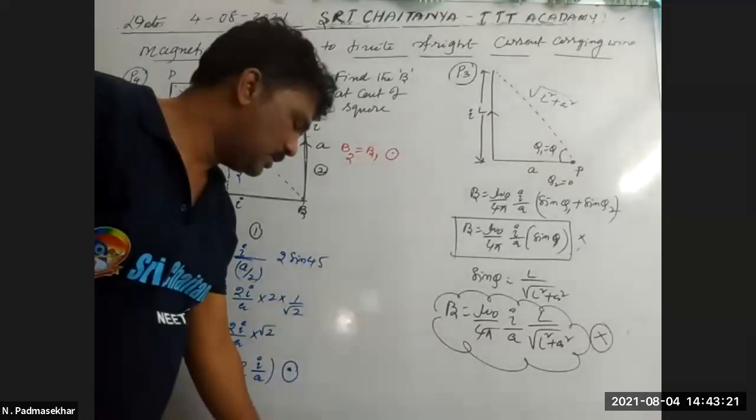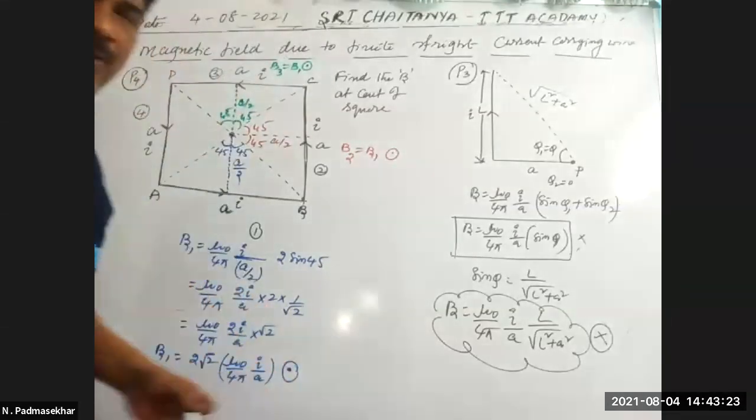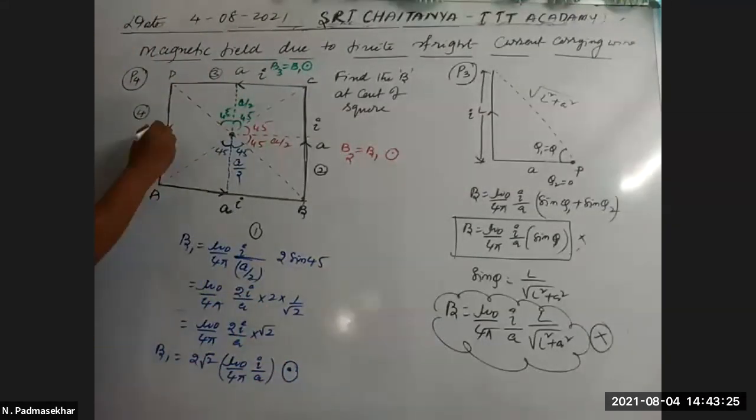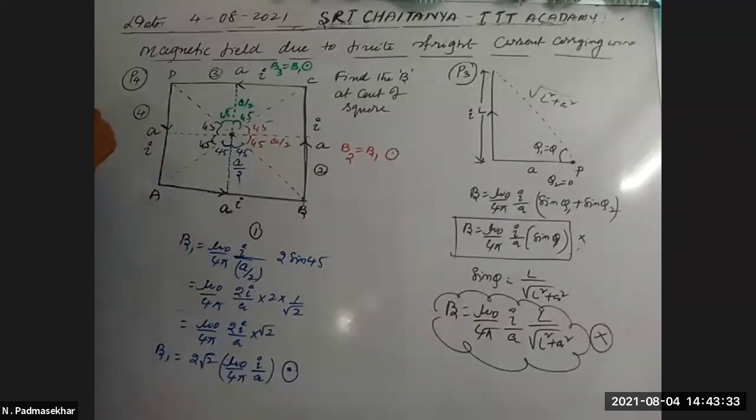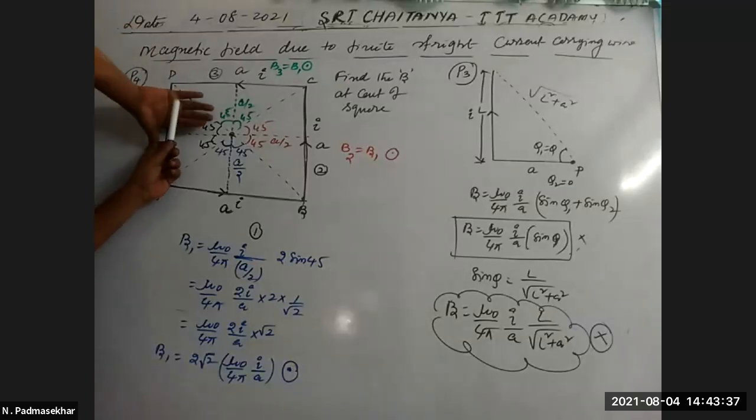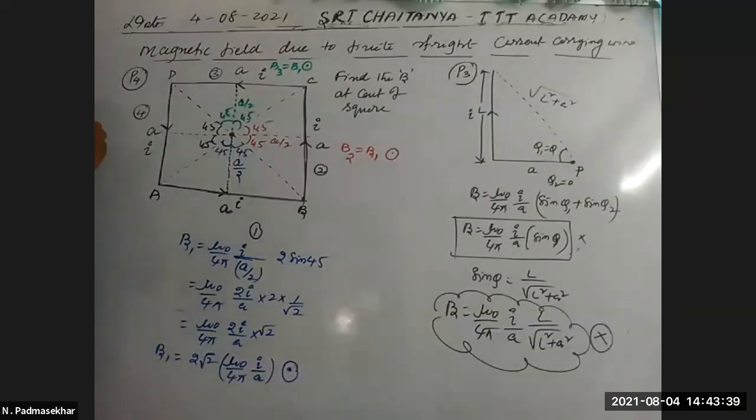Now consider the fourth here, it is also 45 and the direction is out only, because the current is coming like this. So B4 is equal to B1, direction is out.